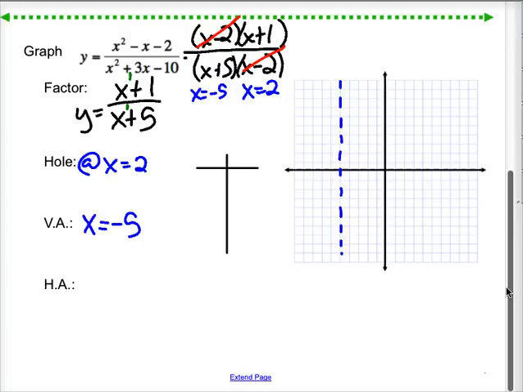When you do that, you get the same over same case, degree 1 over degree 1, when you compare the new function. So compare the coefficients, 1 divided by 1. I have my horizontal asymptote at 1.